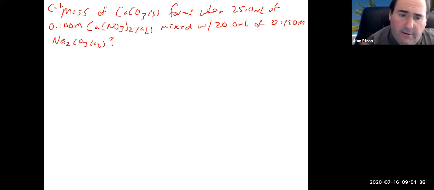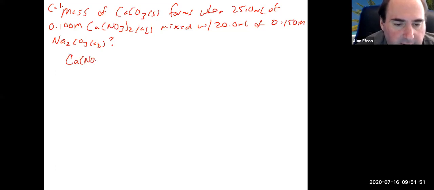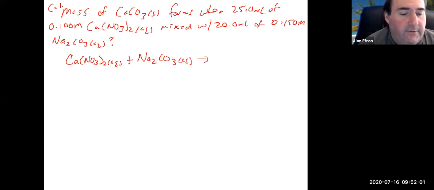And so you may say, well, it seems very similar to that first one that we did. So let's approach it the same way. Like any stoichiometry problem, we're going to need an equation. So that's going to be our calcium nitrate reacting with our sodium carbonate. And hopefully you can see it's a double replacement reaction.